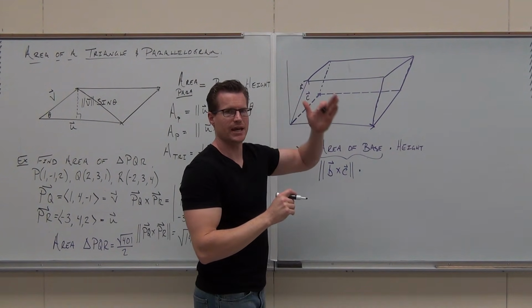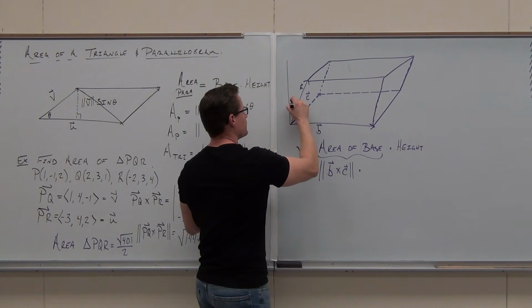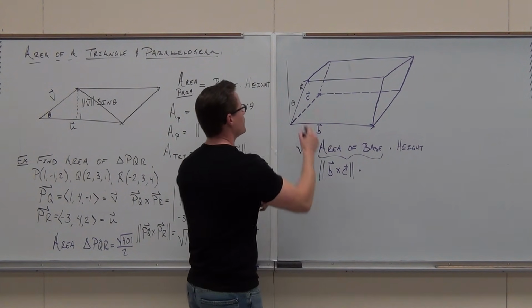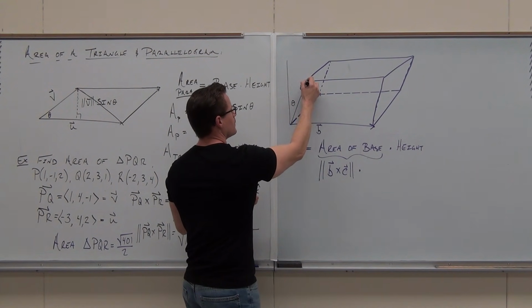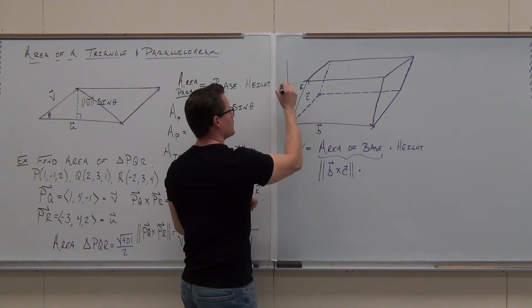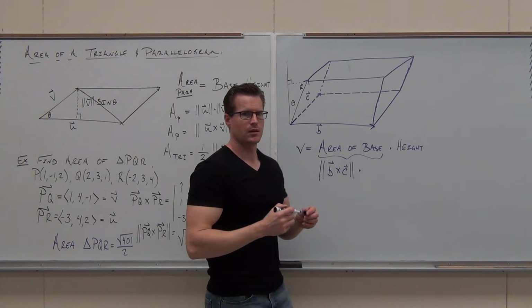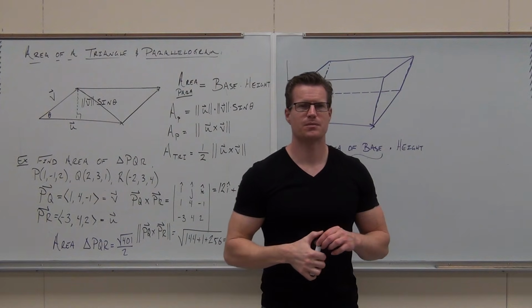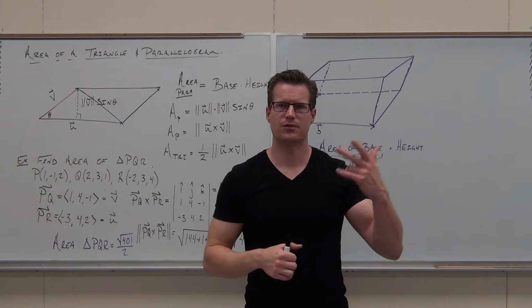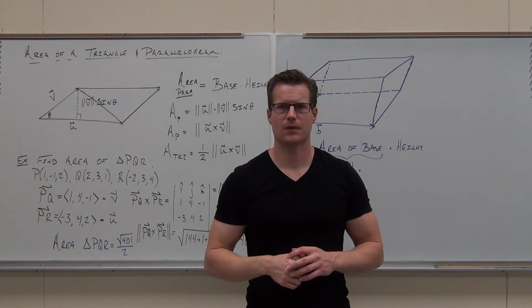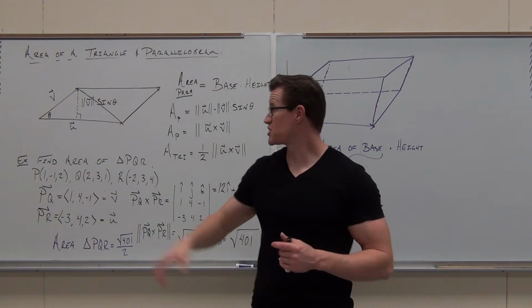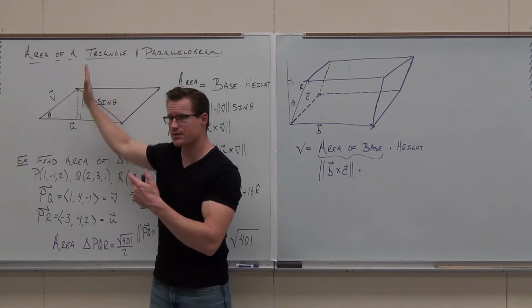If A has an angle off of that, then really what the height is would be the projection of A onto that height. Just like we had the projection of B onto this height.